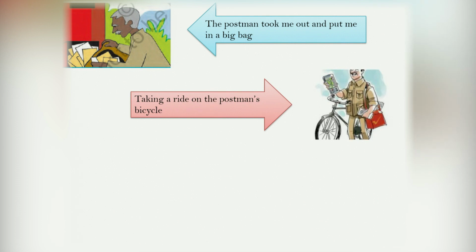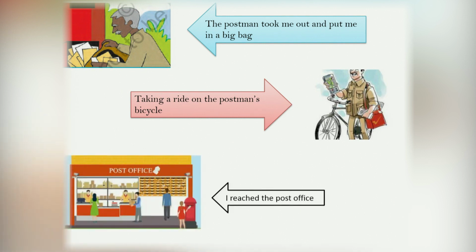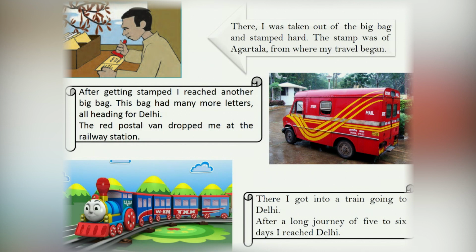The postman took me out and put me in a big bag. Taking a ride on the postman's bicycle, I reached the post office. There I was taken out of the big bag and stamped hard. The stamp was of Agartala, from where my travel began.